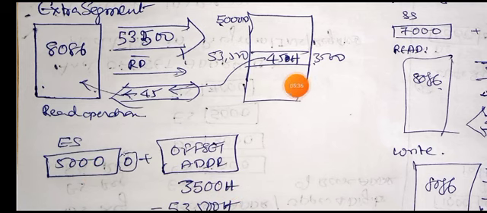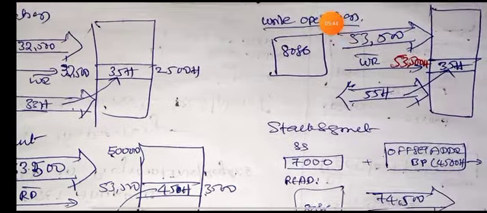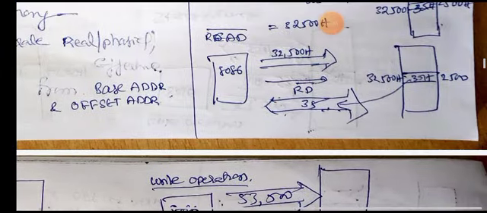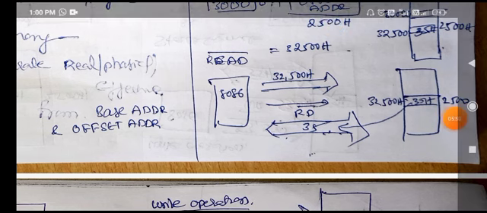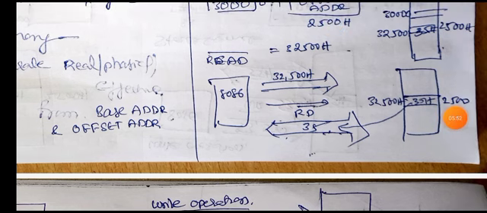Right? So here, the offset address of the data in the extra segment must be in the DI register. In the case of the data segment, the offset address of the data must be mentioned directly within the instruction, like the 2500H address, or you can mention it in the BX register or SI register.